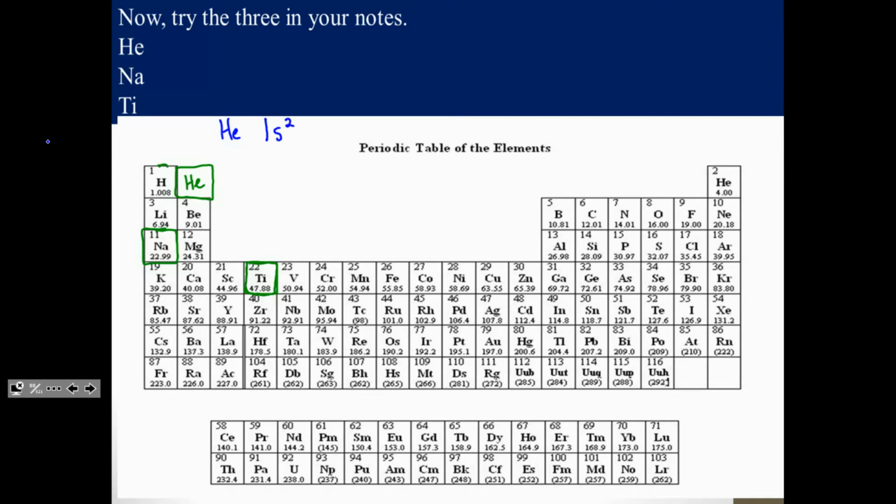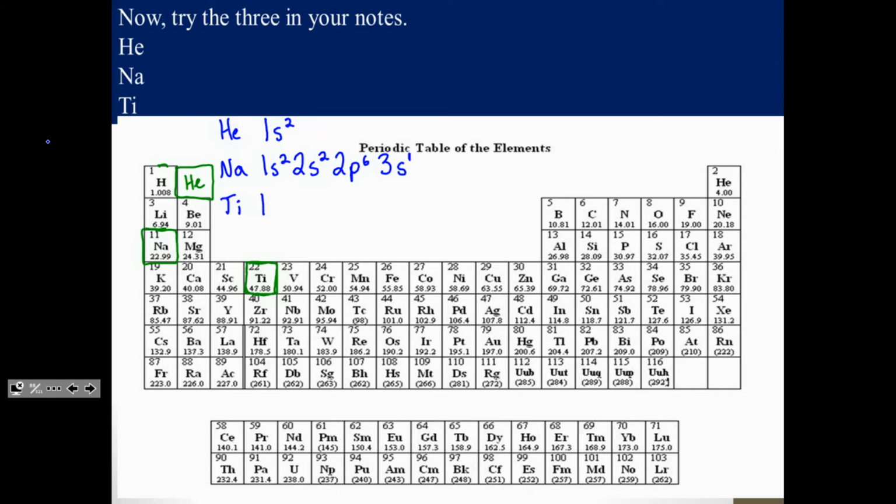It's a very short electron configuration. Sodium would be 1s2 for the first row, S block, 2s2, lithium, beryllium, then I'm still in the second row, but I'm in the P block for boron, carbon, nitrogen, oxygen, fluorine, and neon, that's 2p6. I keep going until I get to 3s, and I'm going to stop at 1.